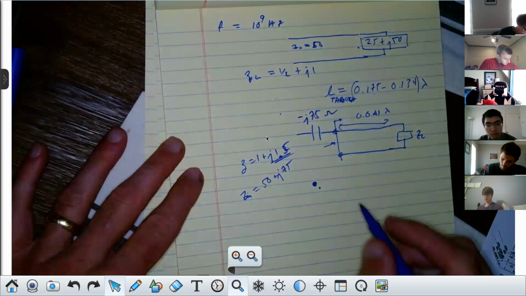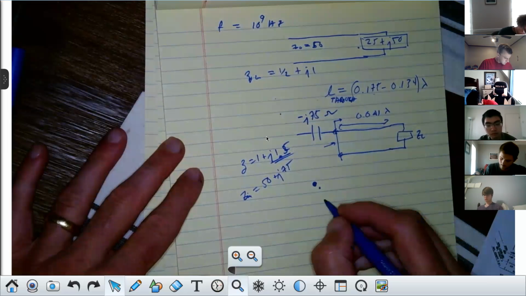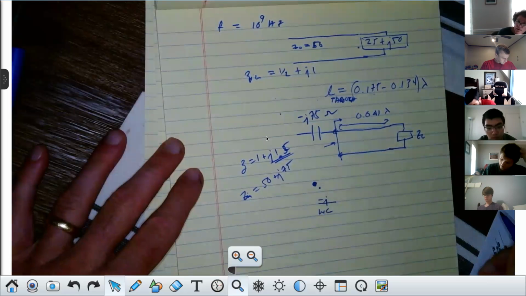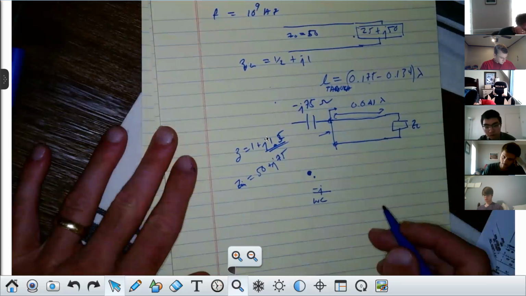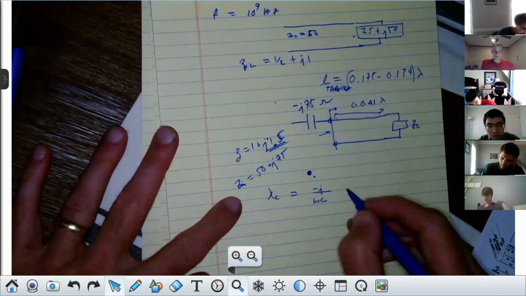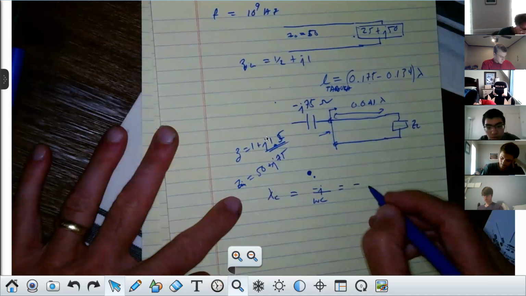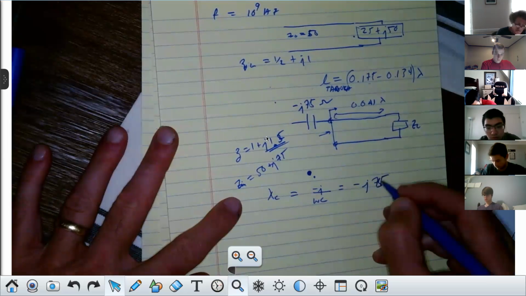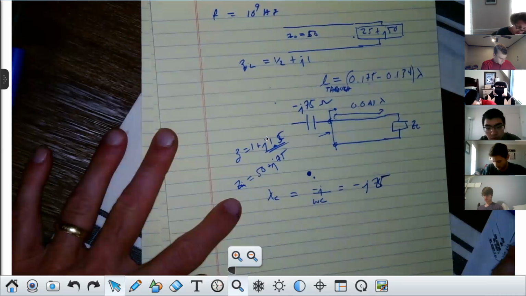Now, the impedance of a capacitor is minus j over omega C, right? That's the impedance of a capacitor, correct, class? You can call it X sub C, if you will. And that has to be equal to minus j 75, doesn't it? To get rid of it. Because we had plus j 75, we want to get rid of it.